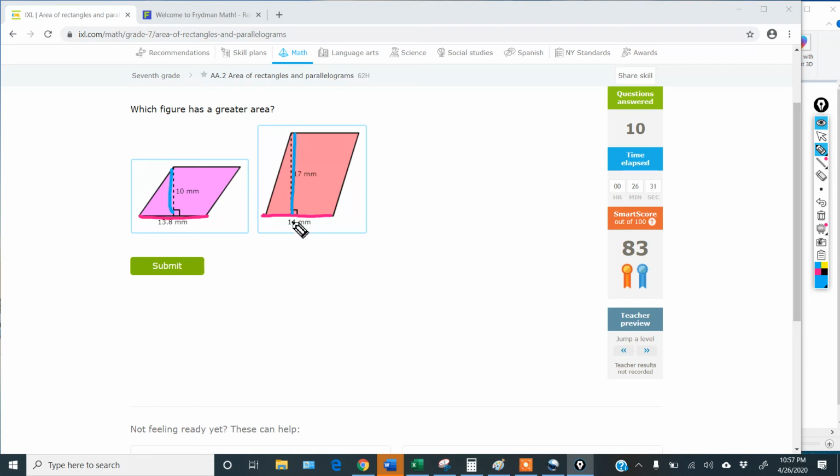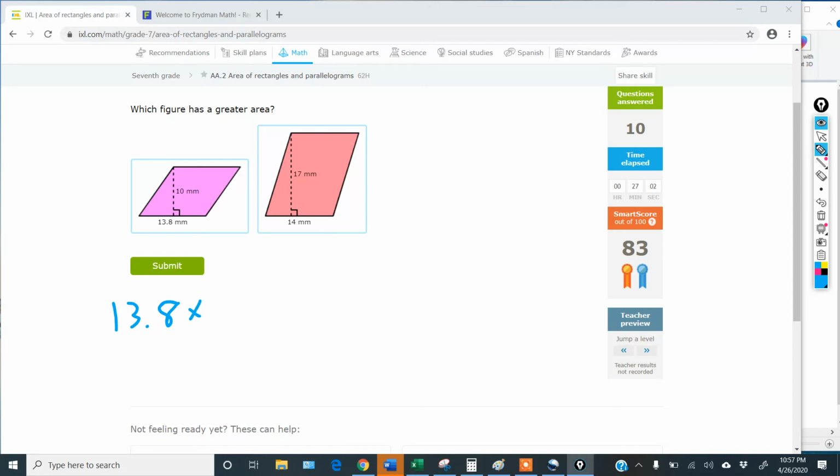Yeah, you could think of it that way also. So 14 is bigger than 13.8, and 17 is bigger than 10. So actually, both of these numbers are bigger than both of these numbers. So of course, when you multiply these two numbers together, you're going to get a bigger area than if you multiply these two numbers together, right? So 13, I mean, we could just do it anyway.